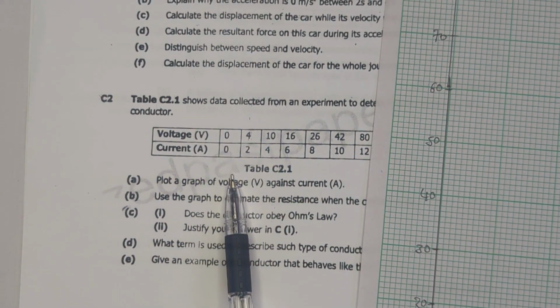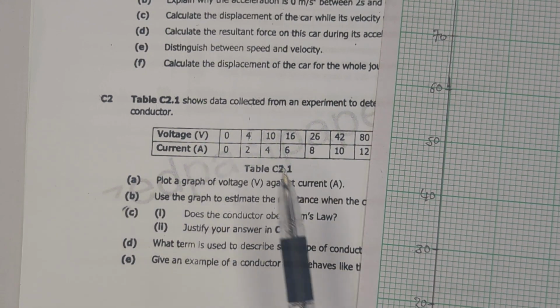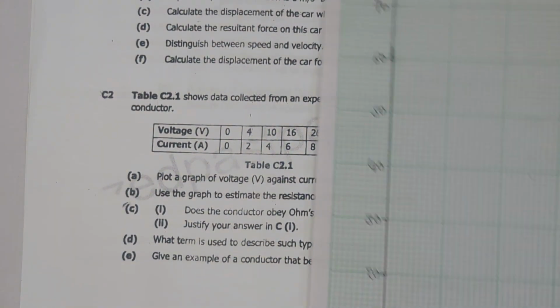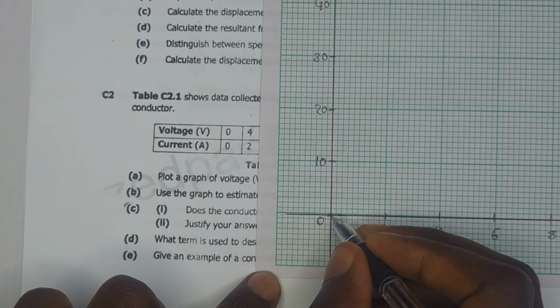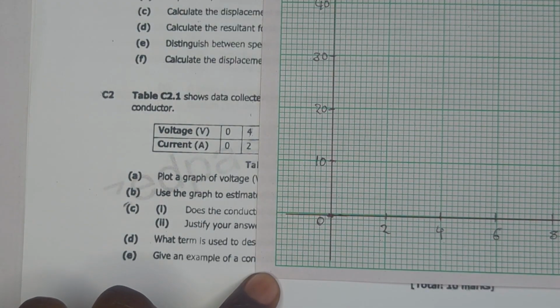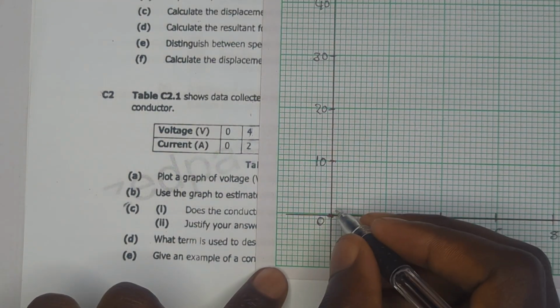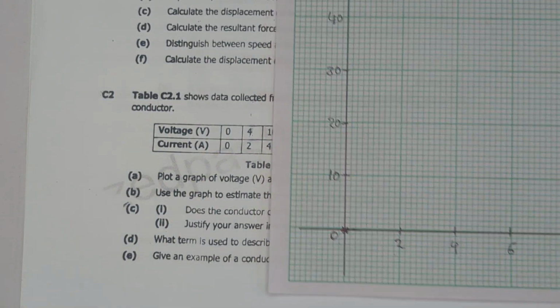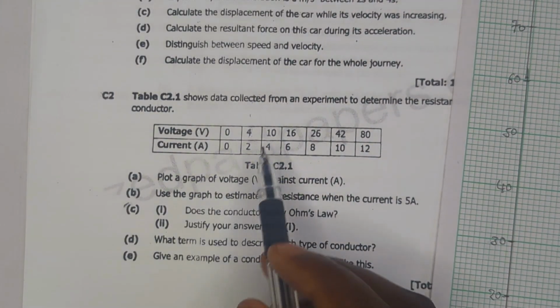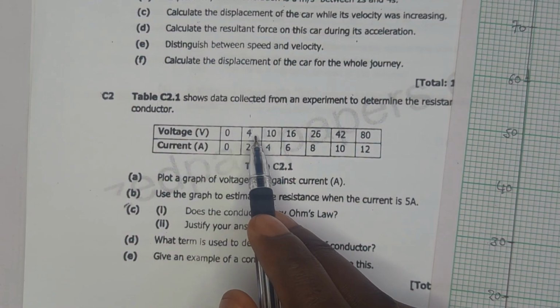Here the coordinates start with 0, 0. So 0, 0 is already at this point. I'll use a star. So that is 0, 0. The next column we have 4, 2.